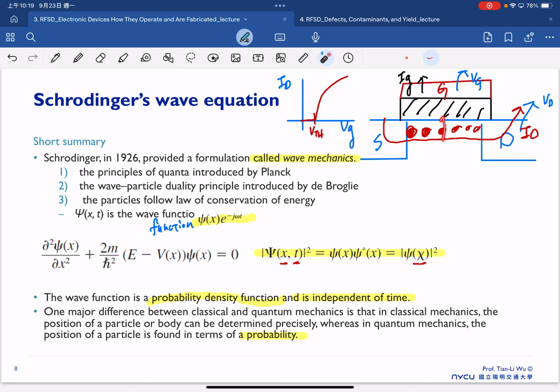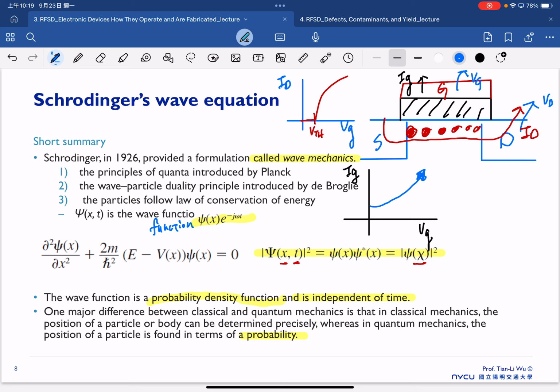So you have lots of balls trying to be thrown against this wall. It is impossible for the balls to get through, because classical physics doesn't allow that. So if you try to measure the gate leakage current, IG versus VG, you will actually find that the current increases as the gate bias increases.